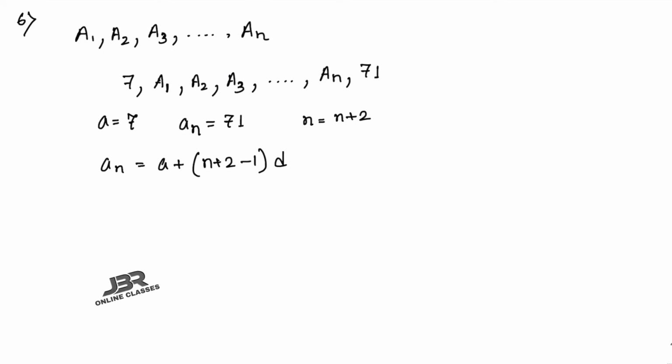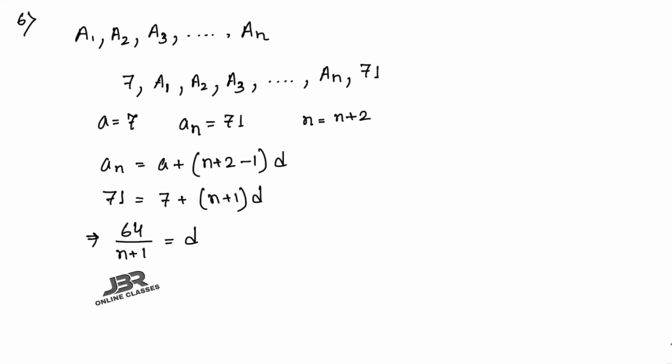Okay, so 71 equals 7 plus (n plus 1) into d. Now 71 minus 7 equals 64, so 64 by (n plus 1) equals d. Okay, so that is the value of d.